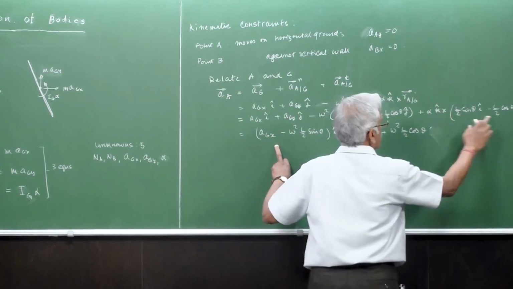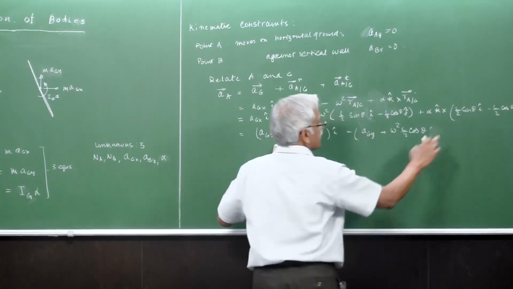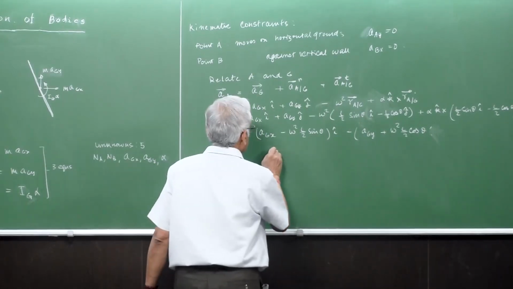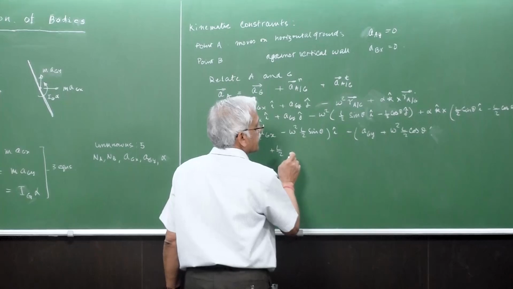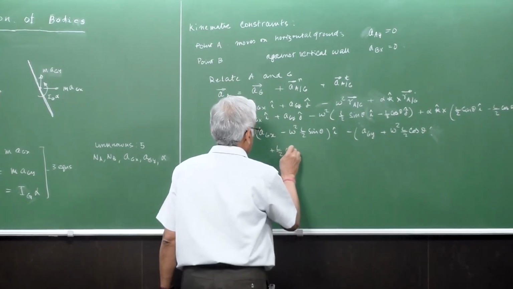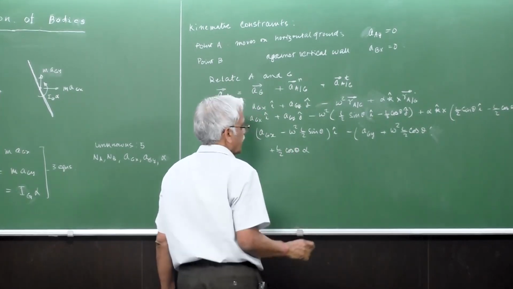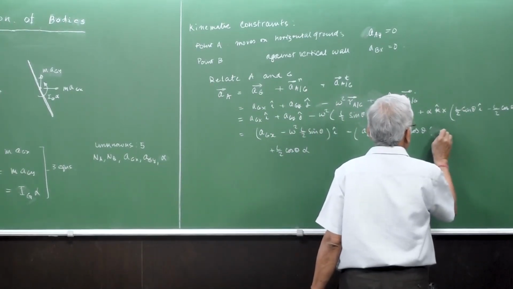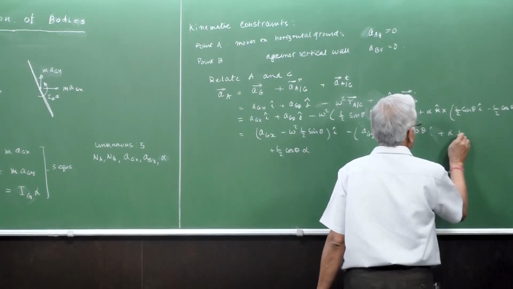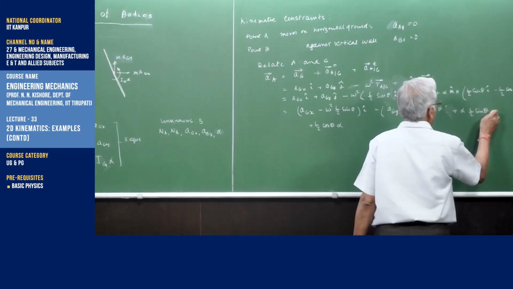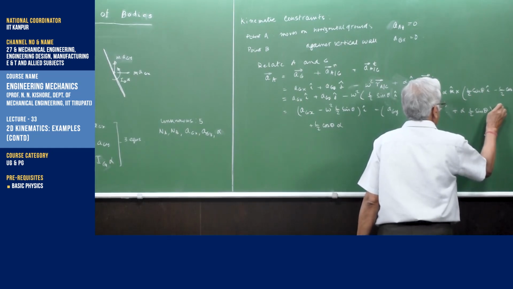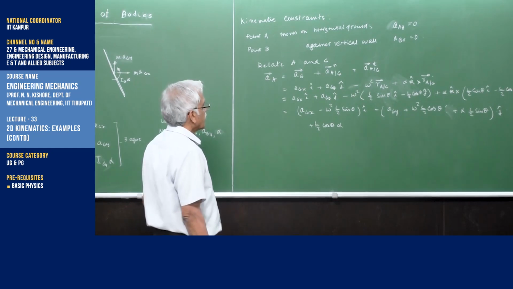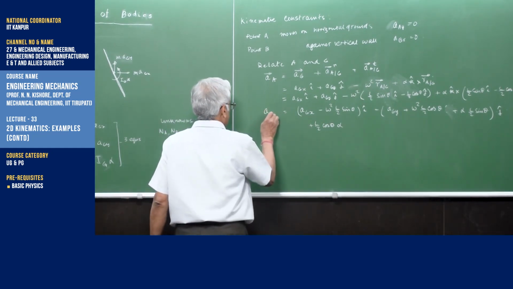So if you take I, so that is J, K cross J will be minus I, so that will be plus. We have to add that also here. And then here also we add K cross I is J. Okay, so this is acceleration of A.